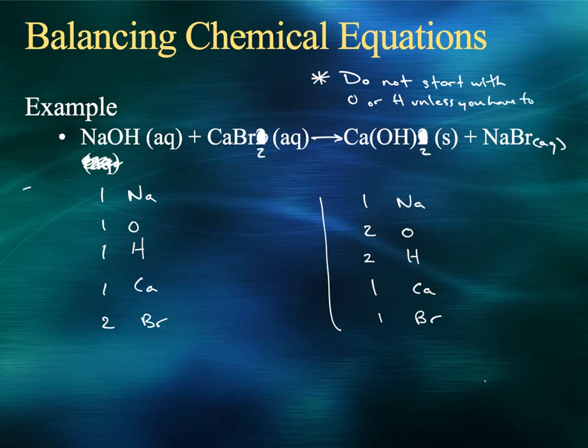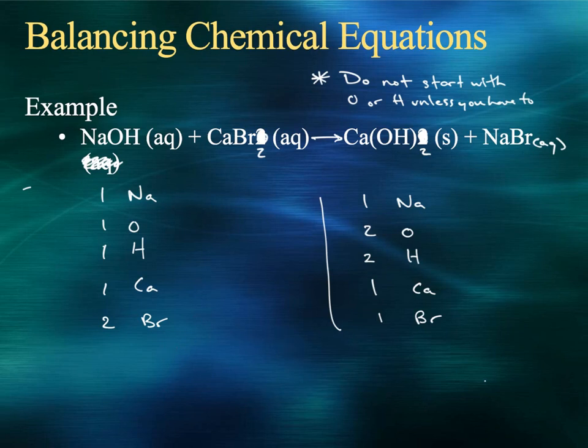They are usually the last things to get balanced. You're better off starting with the other elements, saving oxygen and hydrogen for last. Sometimes, on occasion, you will have to do it first, but more than likely, it will be the last thing you have to balance. So we're going to ignore those for the time being. Everything else looks the same except for bromine.